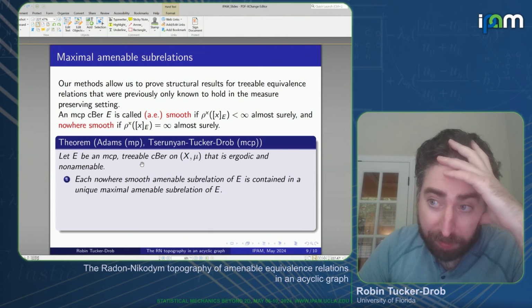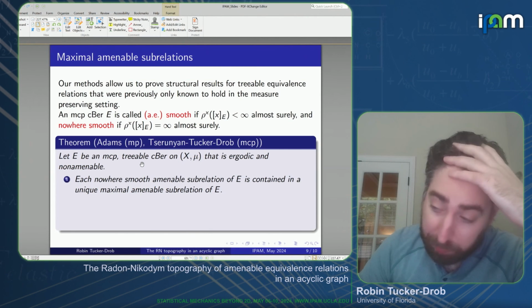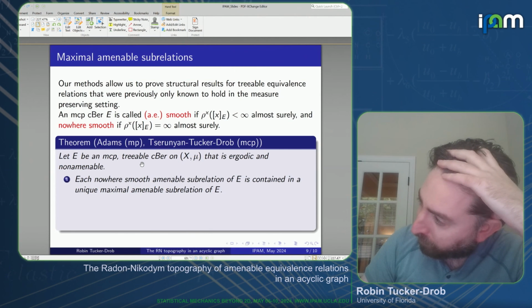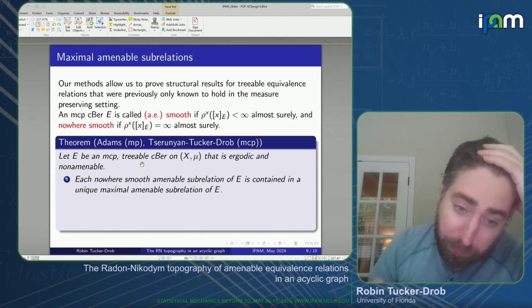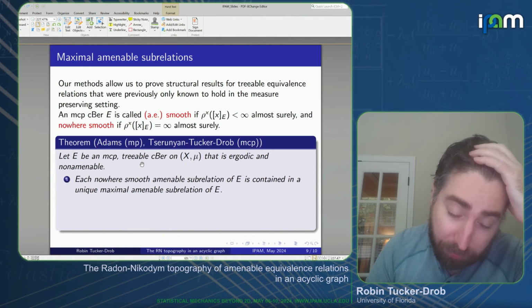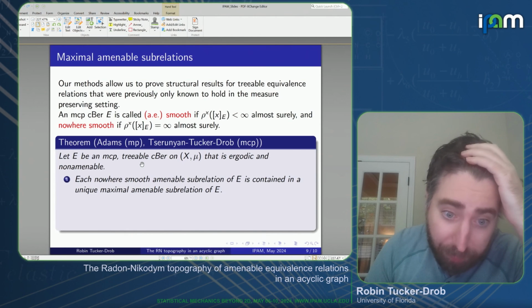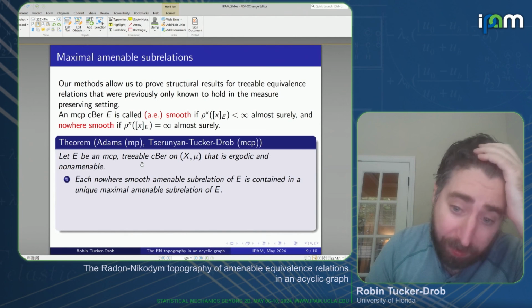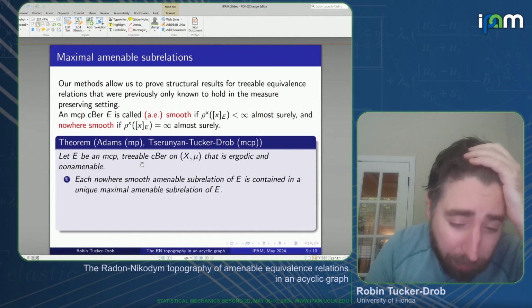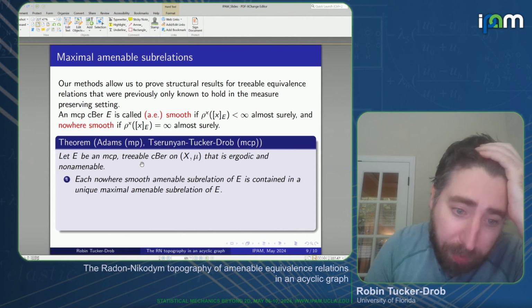Philosophically, if you fix a treeing, this is a sort of transversality statement, saying that maximal amenable subrelations are sort of transverse, or in some sense a type of orthogonality.